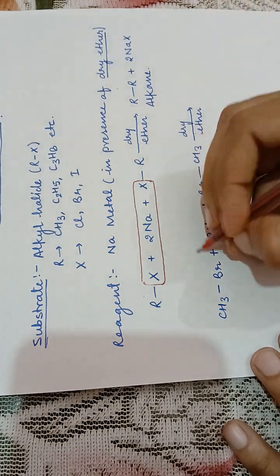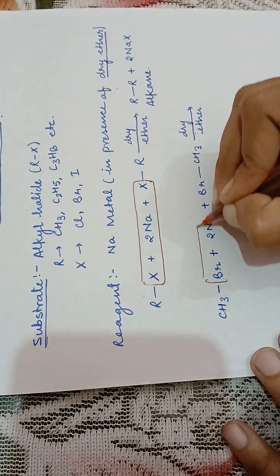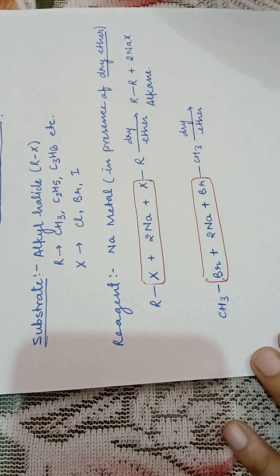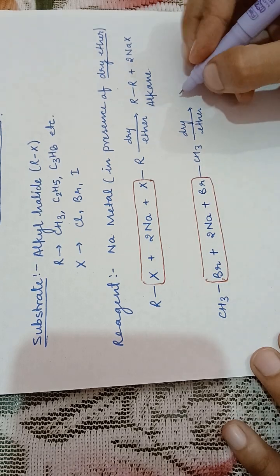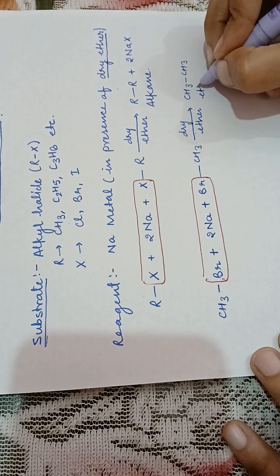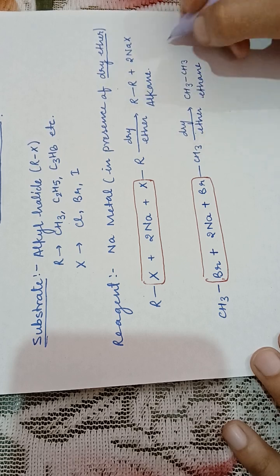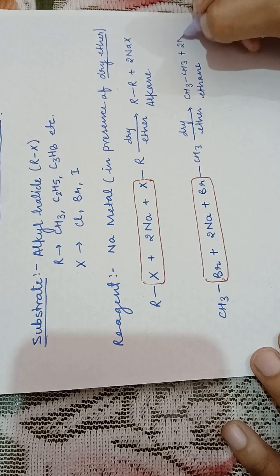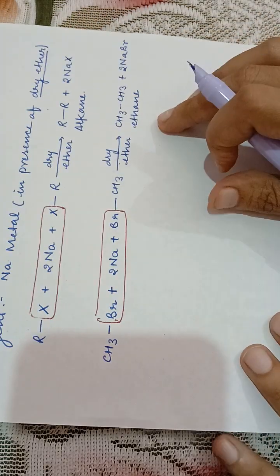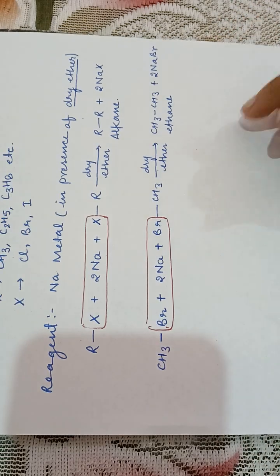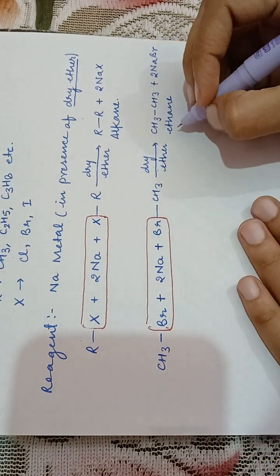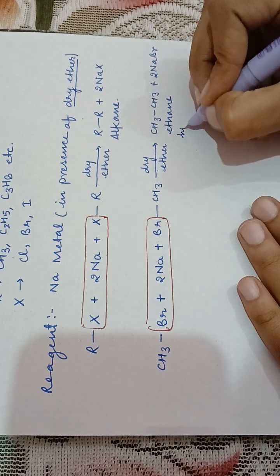Now this sodium eliminates these two bromide atoms from this reaction, and CH3 CH3, ethane, is formed as a product. So from this we are getting a higher alkane.